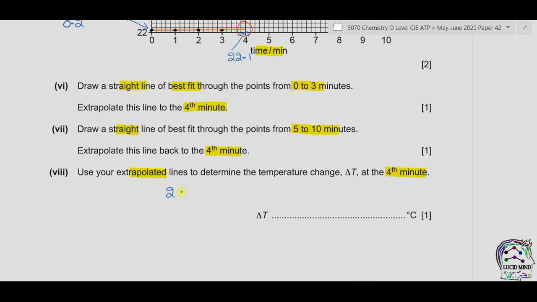So 29.3 minus 22.1, the temperature change is around 7.2 degrees centigrade.